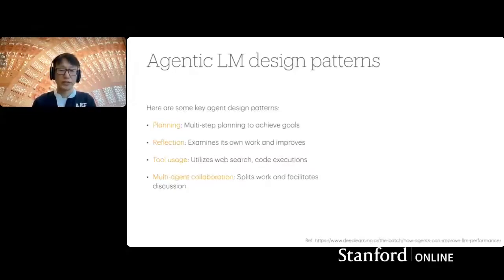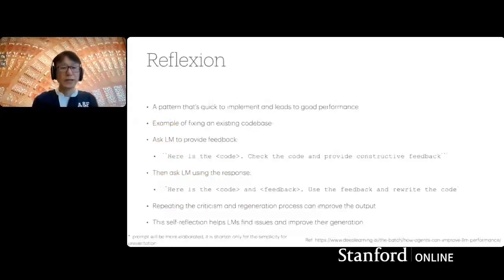Tool usage is for something outside of the language model, where you need real-time information or a different type of information. And then multi-agent collaboration is another way to handle this.